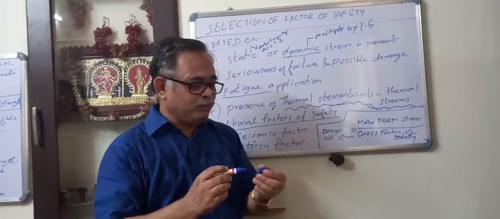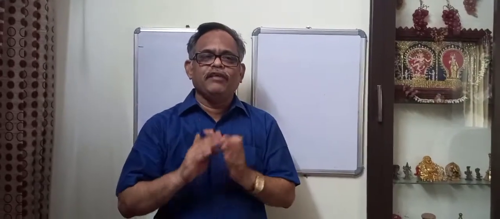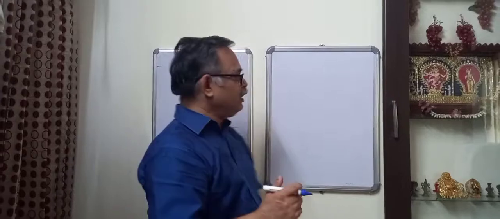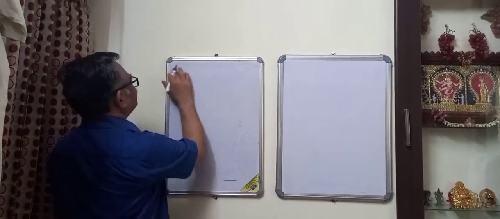And one more thing beyond this. Hence, I have explained how we have to select the design allowable stress. Now, finally, any component or product has to be designed for a particular lifetime, so we bring in a term called design life.